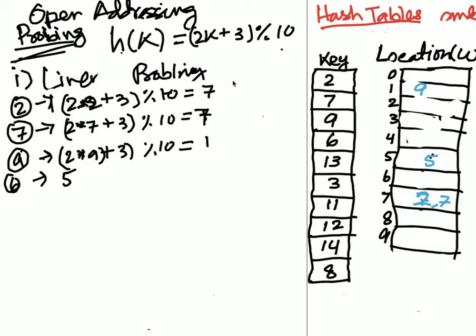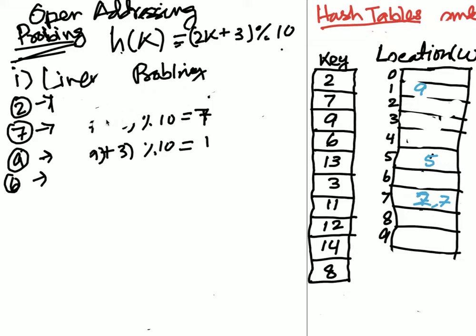So in order to resolve that problem, we know that we use probing, right? In linear probing, instead of using this kind of simple hash function, we use a different type of hash function.